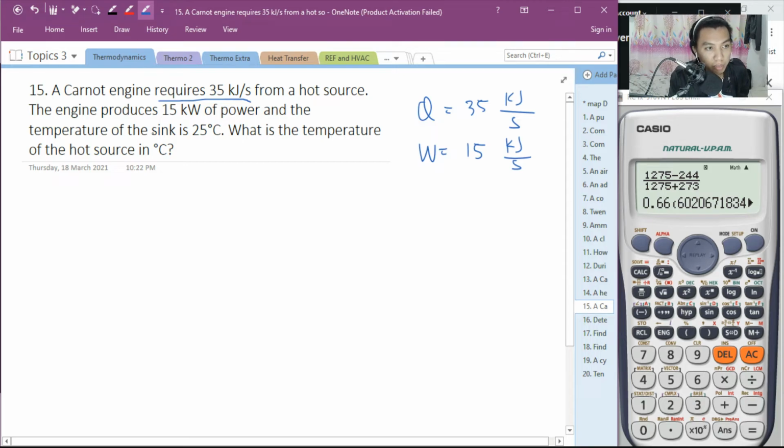And the temperature of the sink, heat sink, that is 25 degrees Celsius, that is T low. Imposible namang T high yan. What is the temperature of the hot source?